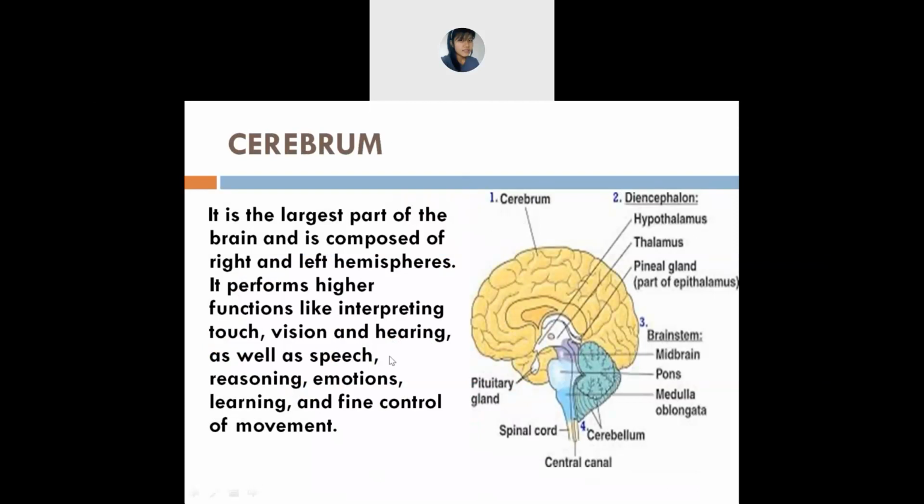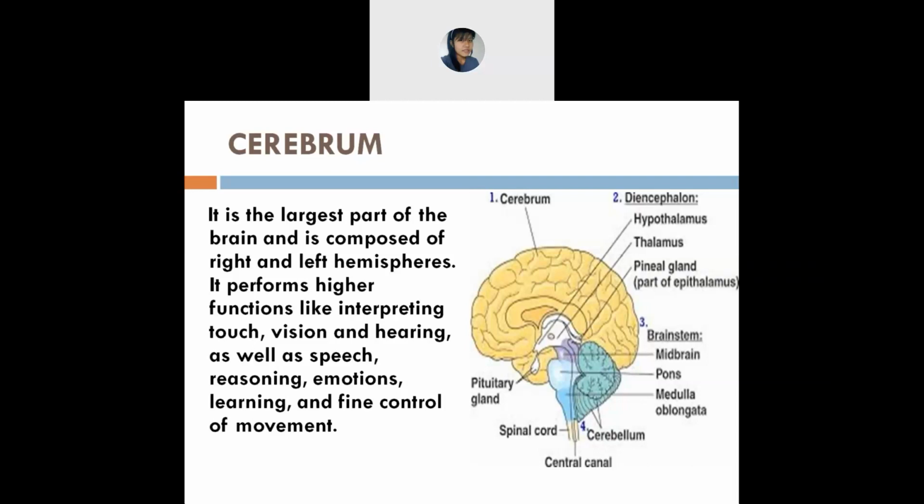In the cerebrum, it performs some higher functions, like interpreting touch. Interpreting touch means if you touch something, you will be able to know what that object is. Next is vision. You can see with the help of the cerebrum.